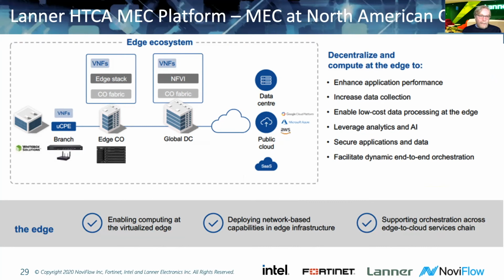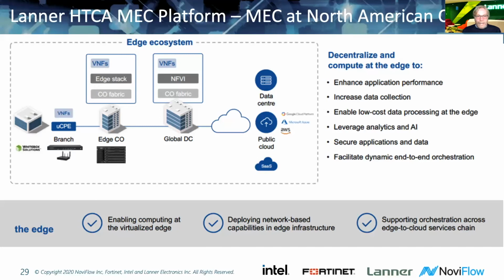But the critical path is when you connect to the edge central office, because of the growth of universal CPEs. The trend we have seen over the last 4 years is that these are being adopted much more and much quicker than we thought prior to COVID-19, because of the push to reduce truck rolls and move towards managed services, as most enterprises are reducing IT overhead costs and leveraging cloud infrastructure.